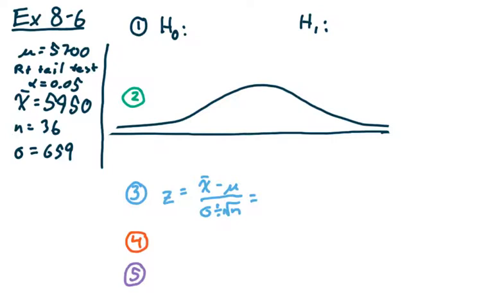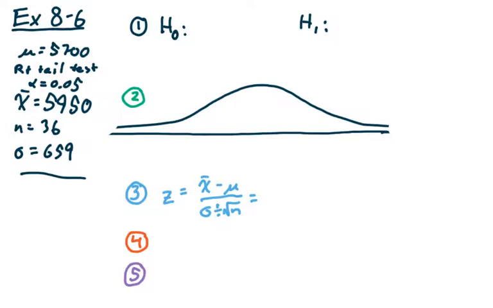It's going to be a right-tailed test because the researcher wishes to test the claim that the tuition is greater than 5,700. So we are not only saying that it's different, we're saying that it's more. So that's why it's going to be a right-tailed test. We've got the value of alpha as the standard one, 0.05. X-bar they already gave to us, computed as 5,950, n is 36, and sigma here is 659. So that's all of our information that we have.